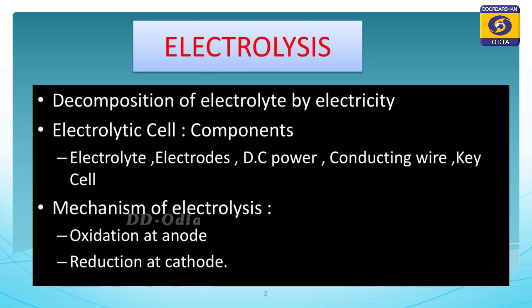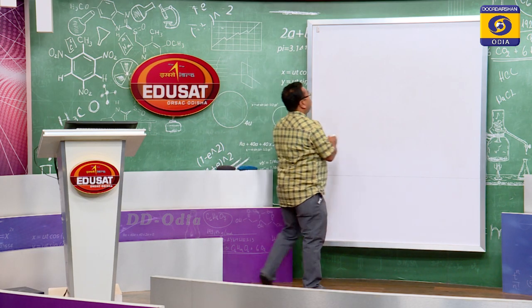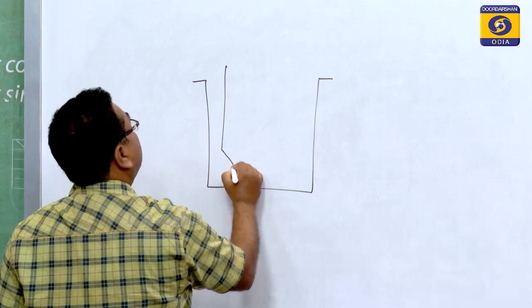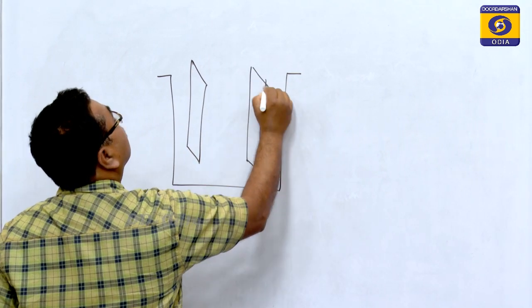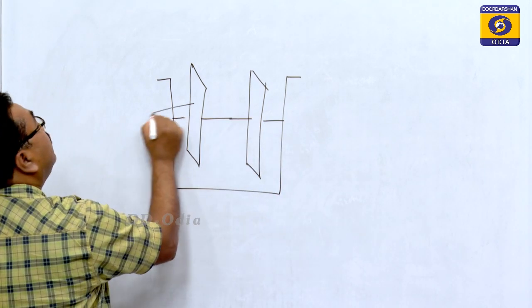I will make a diagram here of an electrolytic cell. In the previous class also I made a diagram of an electrolytic cell. These are the electrodes, or we can say the metal strips.